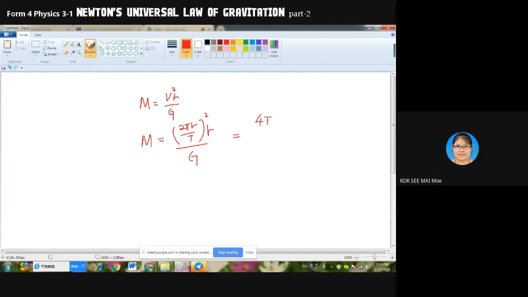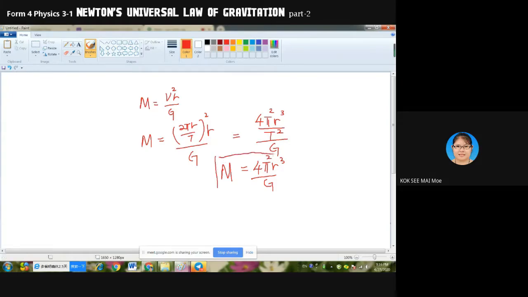Then the R squared, another R become cubed already. Then we still got 1 T become squared over G. So which one should come down? The T squared can come down. So now your M formula is 4 pi squared R cubed over G.